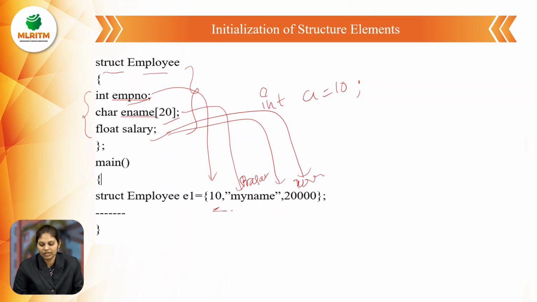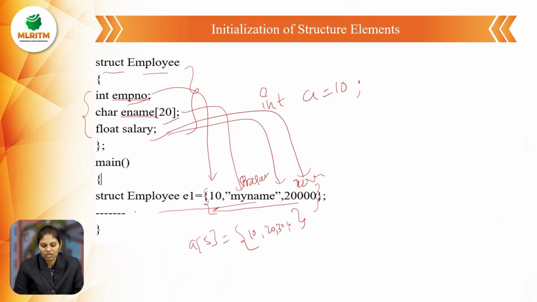Memory is created as employee number, employee name and salary. An array is also the same: a equals curly braces, you mention the elements 10, 20, 30, 40, 50 in your array.